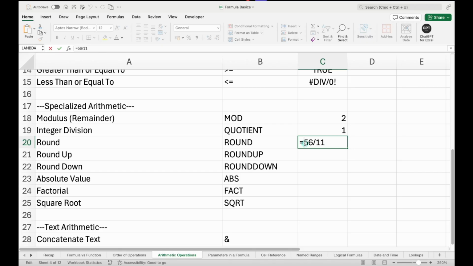So we can round these numbers to a specific number of decimal points, let's say 2, and then we simply enter and we get only two numbers after the decimal point, which is exactly what we have defined. It will take the number as the first parameter, and you can define any number of digits which will come after the decimal point. So if, instead of 2, I say 1, it will give me 5.1.